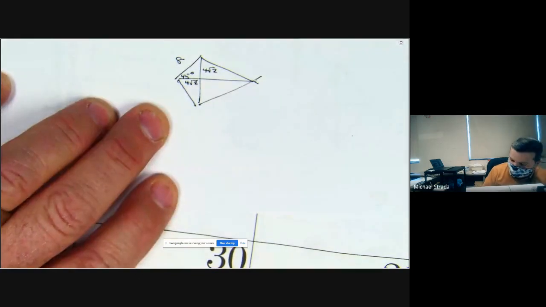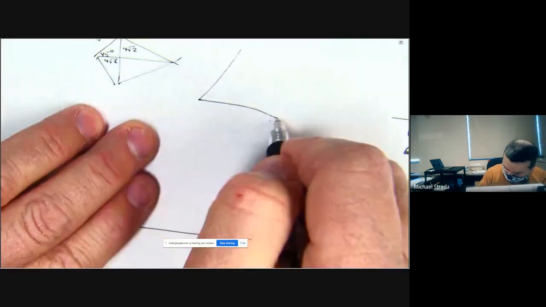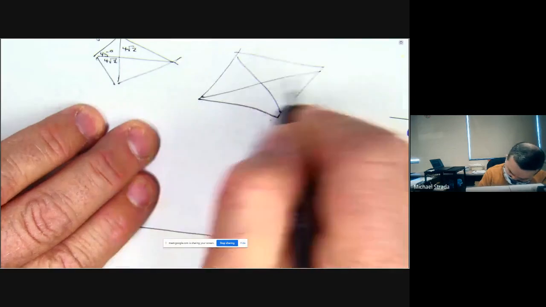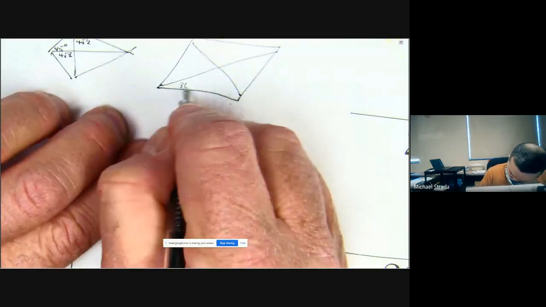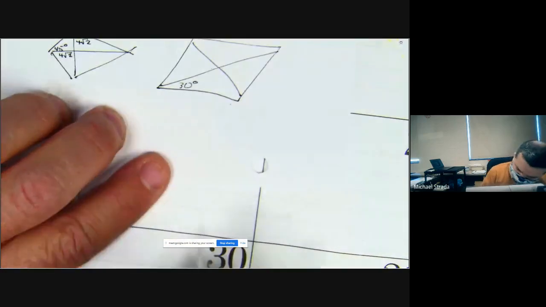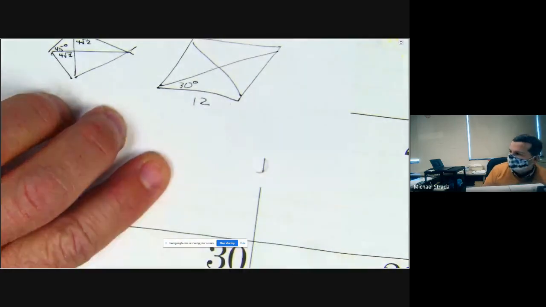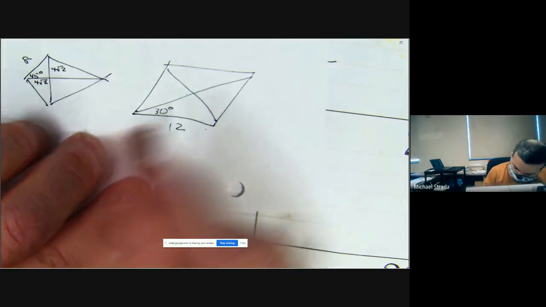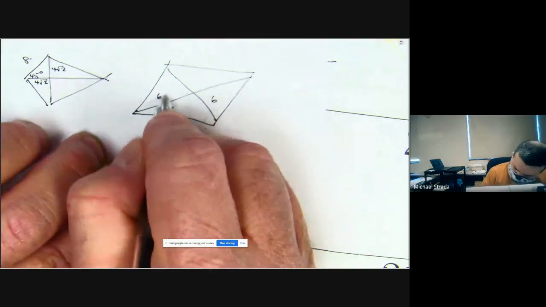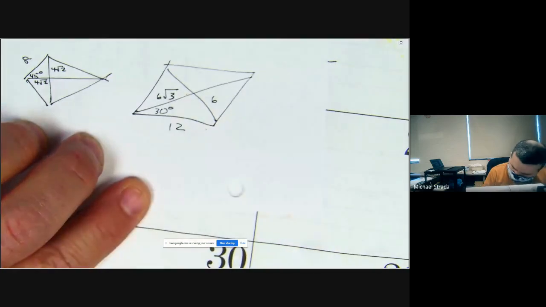Got me? All right, and with a rhombus, let's say if we tell you this is 30 degrees and that's 12, I would expect you to be able to find those side lengths as well, 6 and 6√3, in order to get the areas. That's what we mean by that.